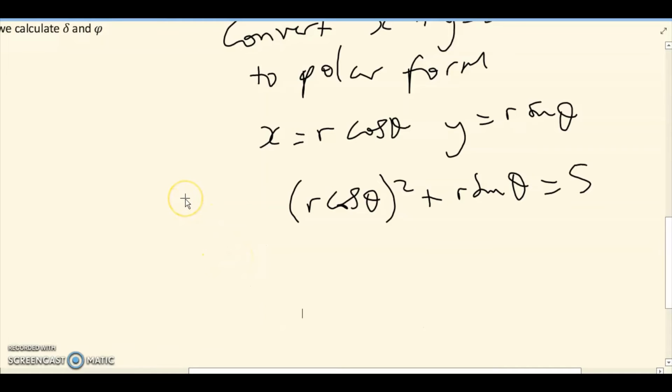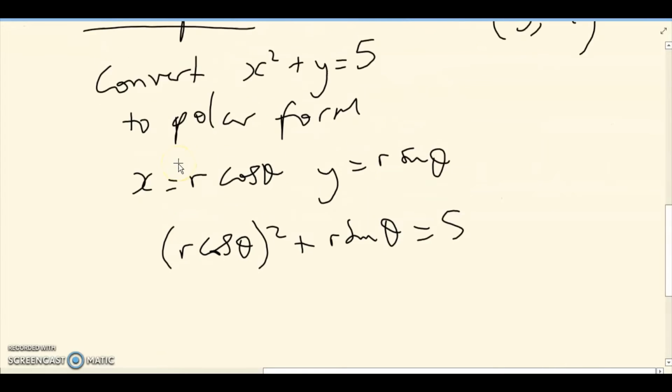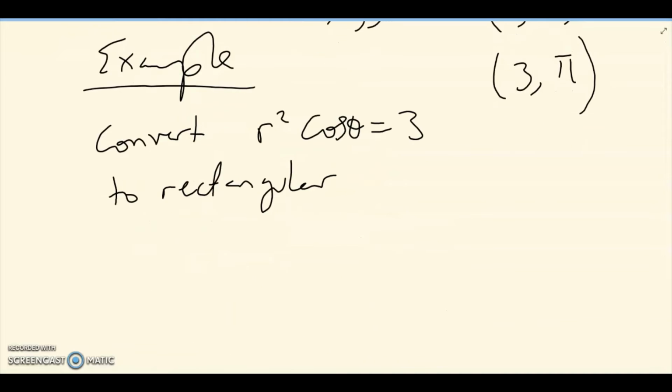All right, so we've converted to polar form like that. Okay, let's look at another example where we're converting from polar form to rectangular form. We have this example: r squared cos theta equals 3, to rectangular form. In rectangular form, there is no r and there is no theta, it's just x and y.